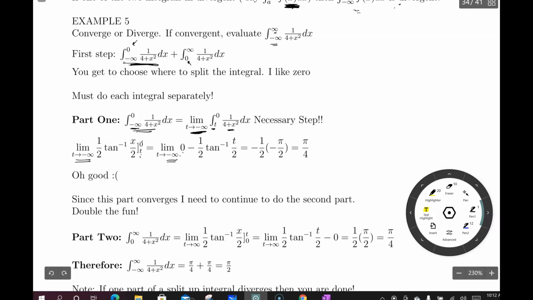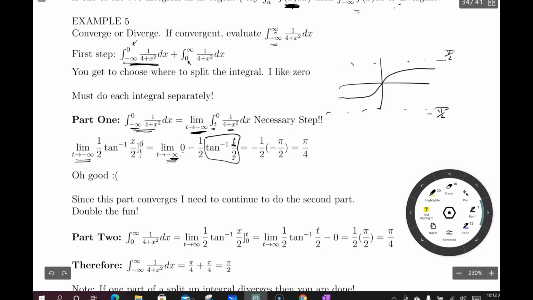All right, so now it's time to plug in negative infinity. You know this is the graph of arctangent, where this is the horizontal asymptote of pi over 2, and this is the horizontal asymptote of negative pi over 2. As I'm going to negative infinity, negative infinity divided by 2 is still negative infinity.